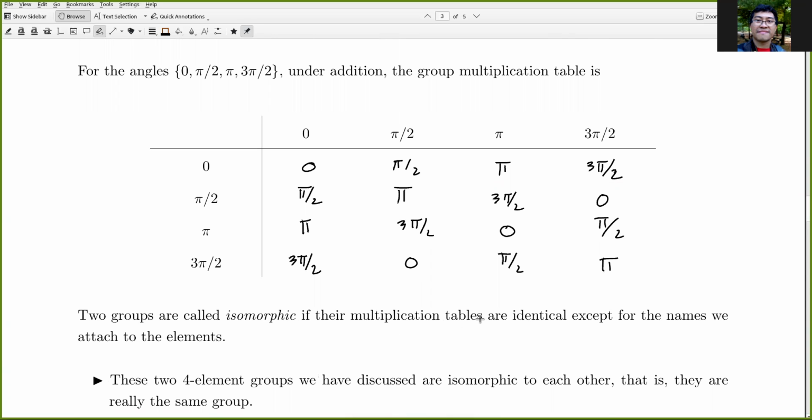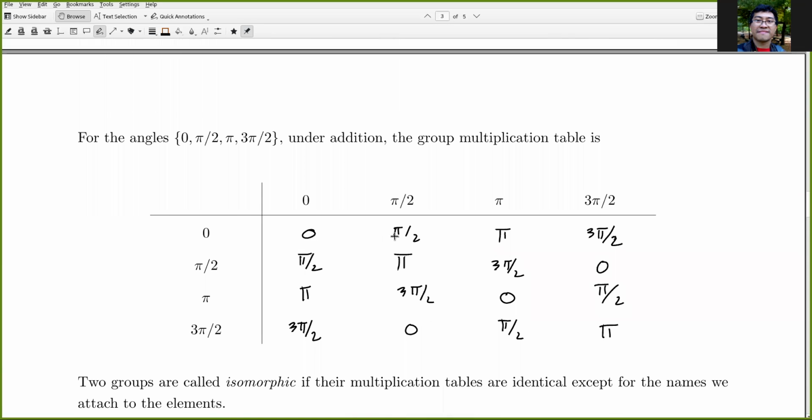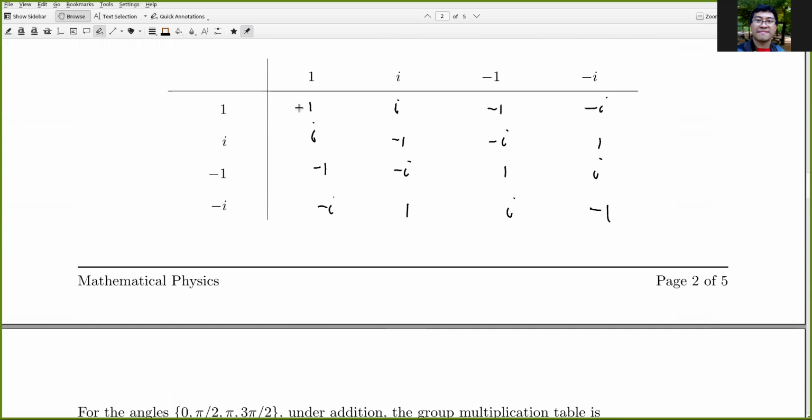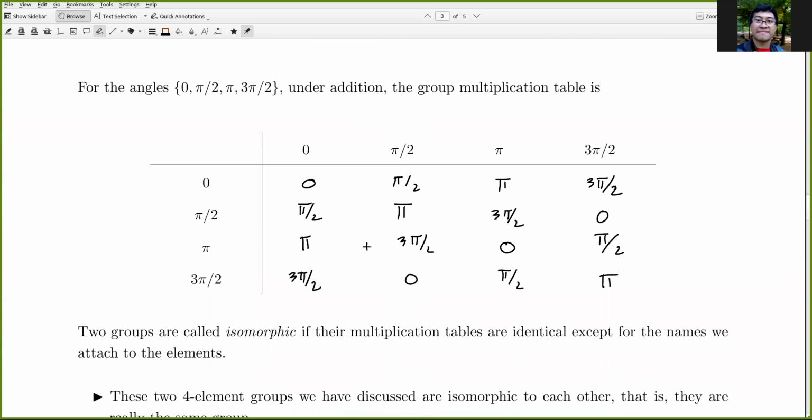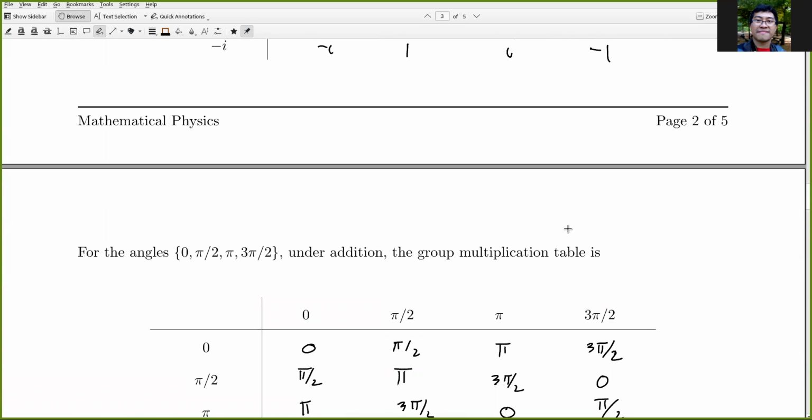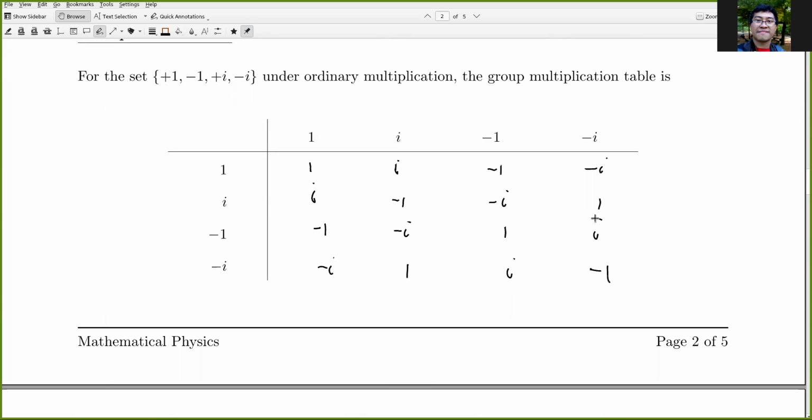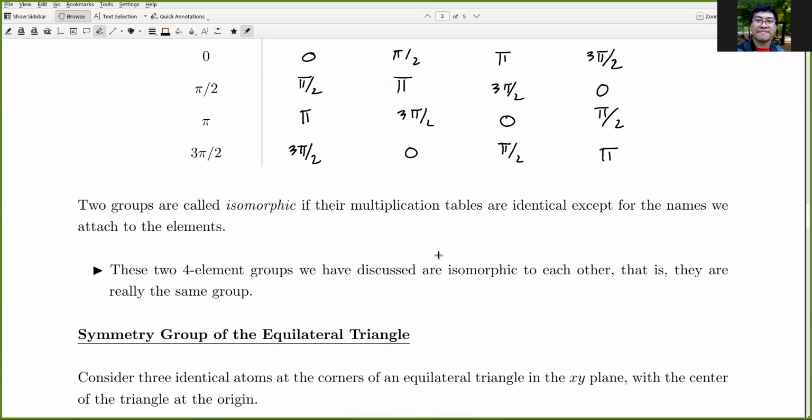The multiplication tables are identical except for the names. So instead of zero here we have one, but the positions are the same. 0, 0, 0, 0, 1, 1, 1, 1, and all other elements.